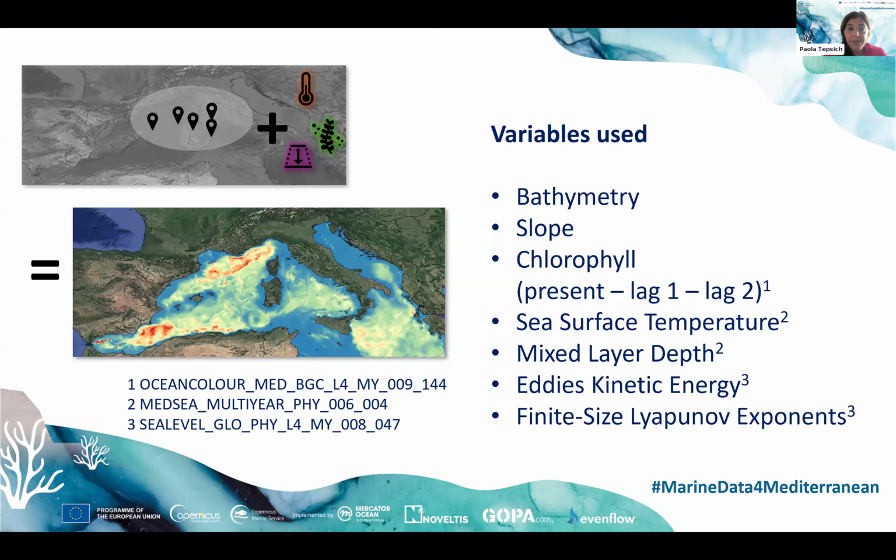The ones that we have used are both topographic, so fixed variables such as bathymetry and slope, as well as oceanographic dynamic variables, so chlorophyll concentration, sea surface temperature, the mixed layer depth, and the eddy kinetic energy and the finite size Lyapunov exponents, which are both variables connected to the dynamicity of the mixing of the waters at different depths. And all these variables, again, are directly downloaded or derived from datasets present on the Copernicus Marine Services.